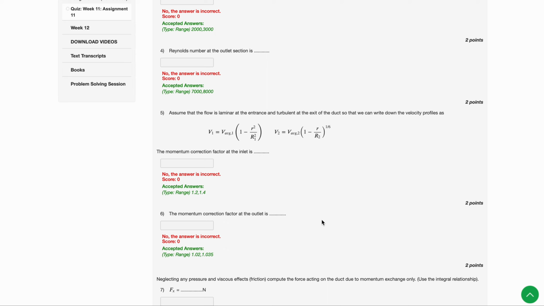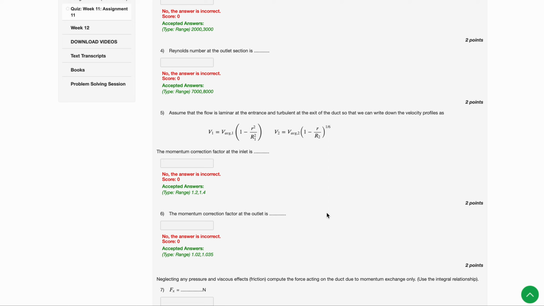So 18 into 1.26 square divided by 28 is 1.02, which is something around 1.0206, something around that.